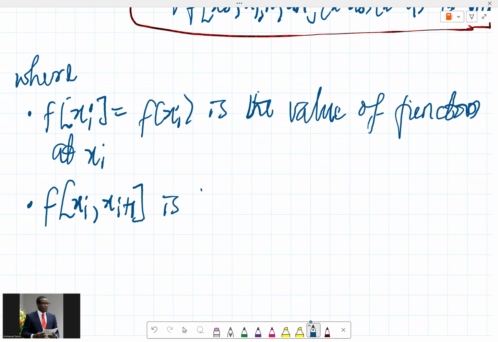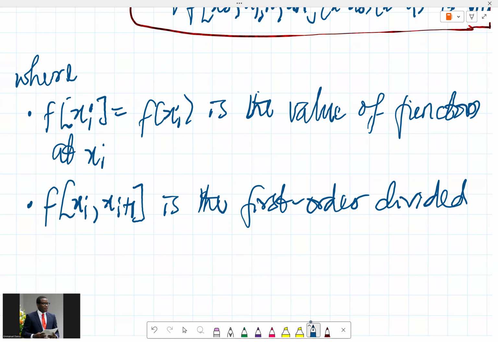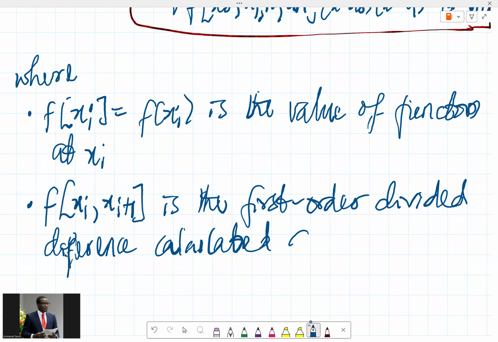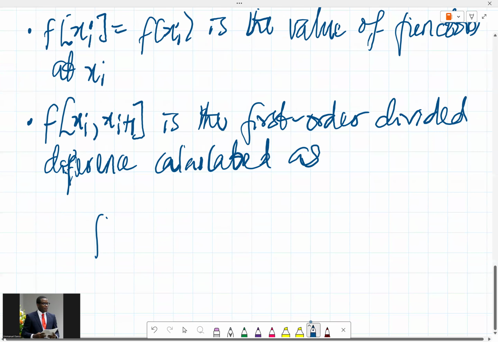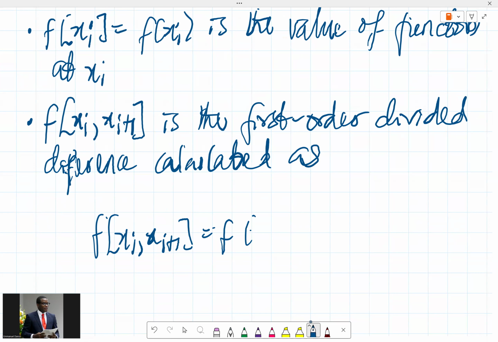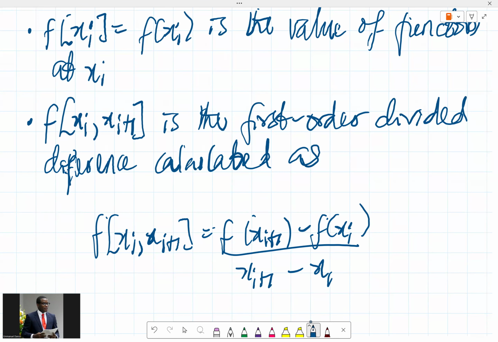This is the first order divided difference, calculated as f of xi, xi plus 1 equals f of xi plus 1 minus f of xi, divided by xi plus 1 minus xi.